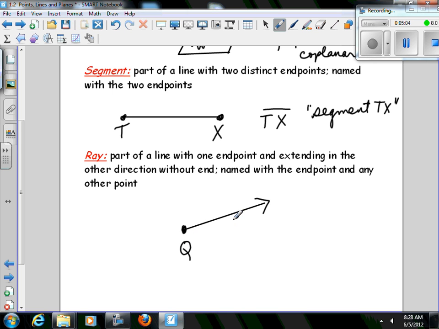Let's say we call the endpoint Q. We have to pick another point on the line, so let's call that R. And here is a symbol that we use. We draw a line with an arrow on one end. The line without the arrow should have the beginning, or what we call the endpoint, underneath it. And we call this ray QR. That's how we actually say it.